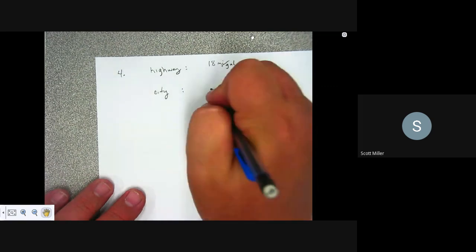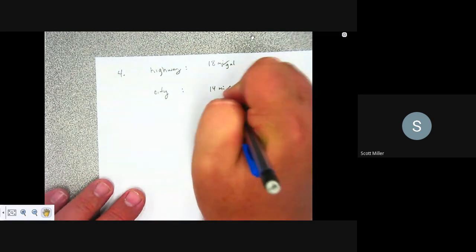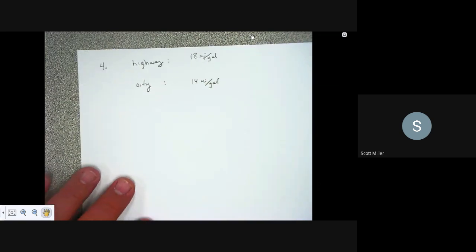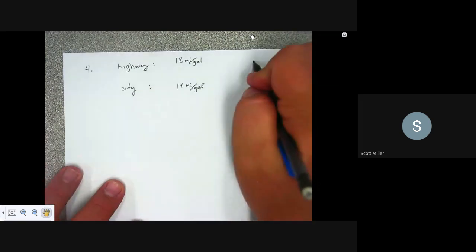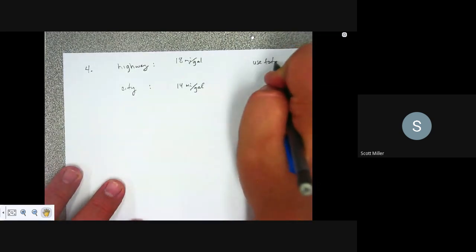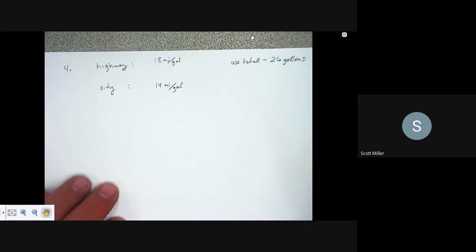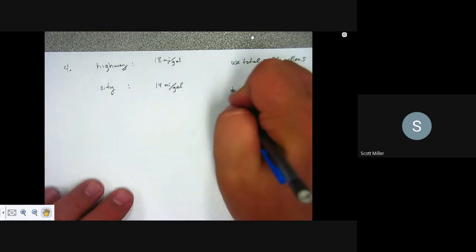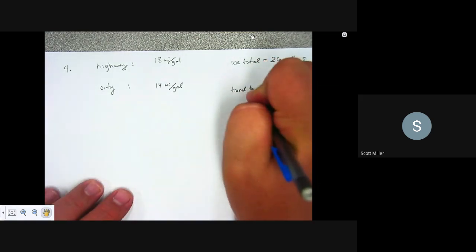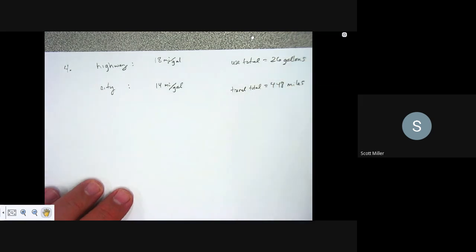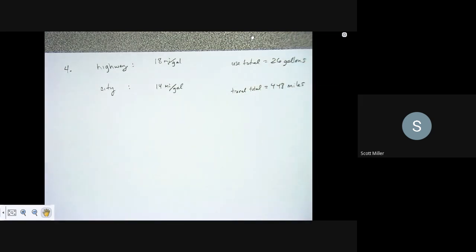In the city, I get 14 miles per gallon. I know that I use a total of 26 gallons. And I travel a total of 448 miles. This is the information that they give me.